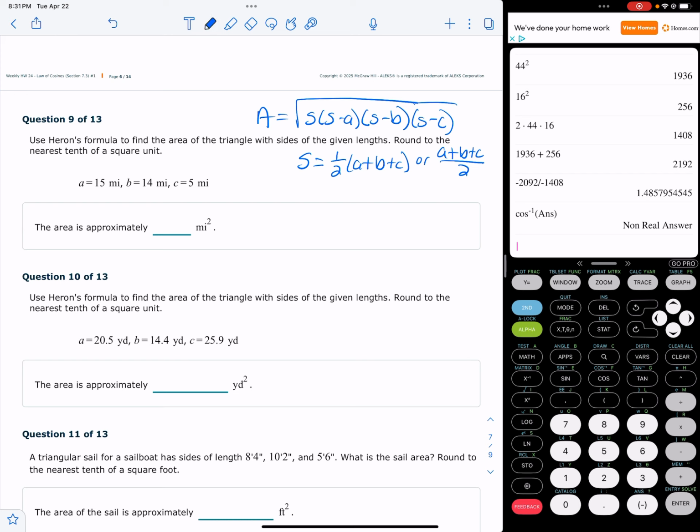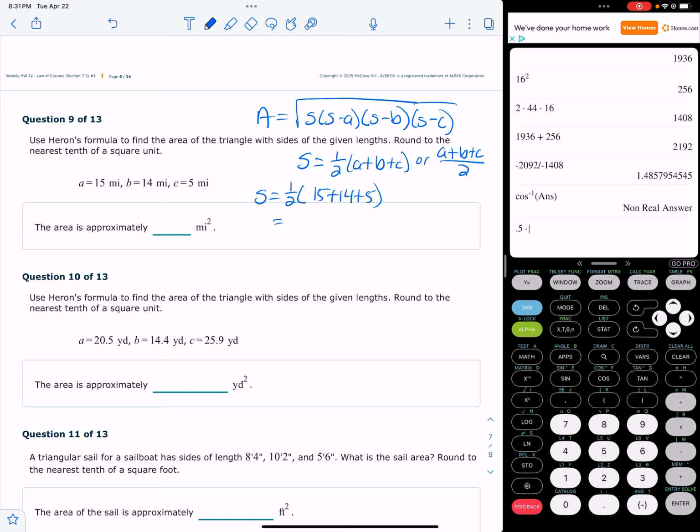Okay, so to find the area of this side, the first thing we have to do is find S. And our S in this case is 17.